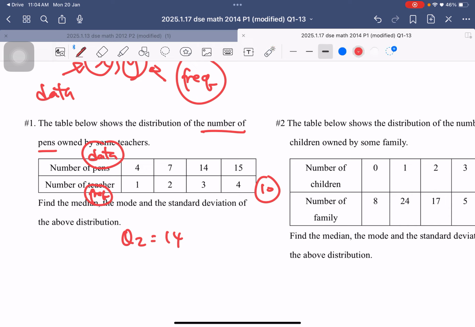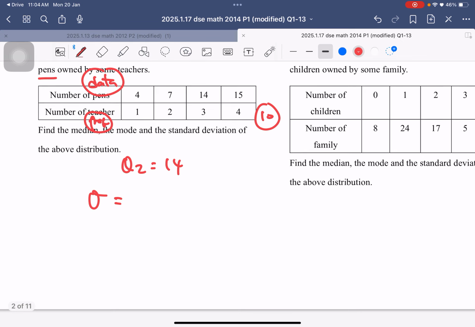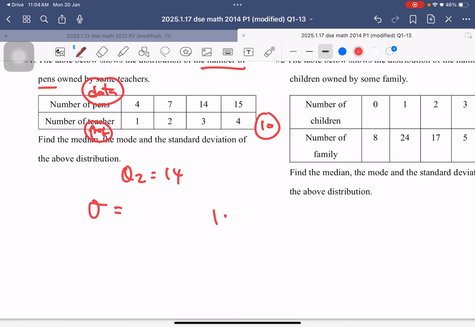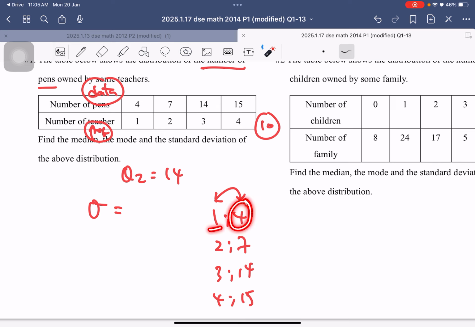So how do you find the standard deviation? How do you enter it in the calculator? You're going to enter 1, 4, 2, 7, 3, 14, 4, 15, isn't it? Zhongwu, is this correct? No. You need to flip it. 1, 4 means what? We have 4 data, the data is 1.